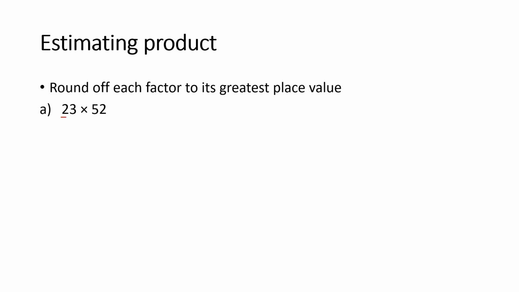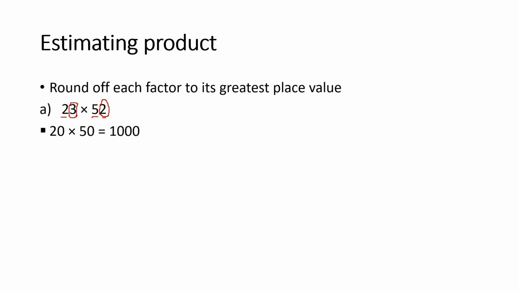So we will round off up to tens place, and according to the rule of round off, we will underline the 2, and here we will underline the 5, and we will compare this circled number 3 with 5, and this number 2 with 5. When we compare 3 with 5, we can see that 3 is less than 5. So this will be 20, and here 2 is also less than 5. So this will be 50. So after round off, 20 multiplied by 50 equals 1000.